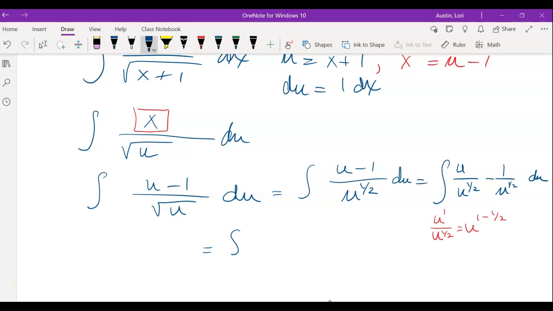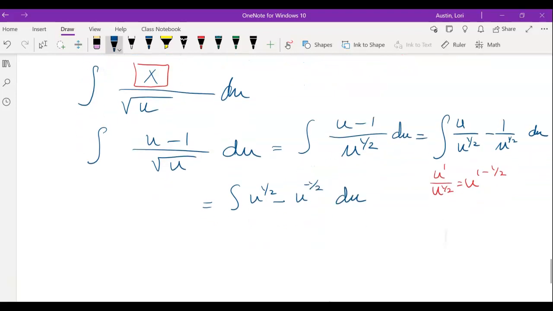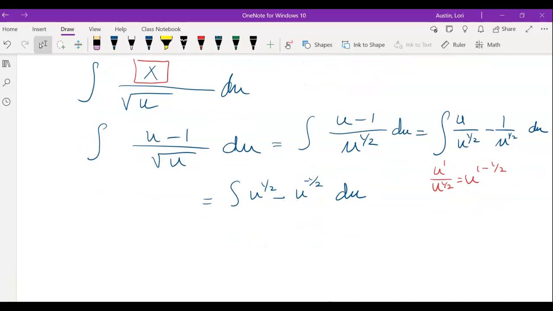All right, so that part becomes u to the 1/2, right? Now, do the second piece. Oh, that's just u to the negative 1/2, isn't it? I can integrate those. I can absolutely integrate those.